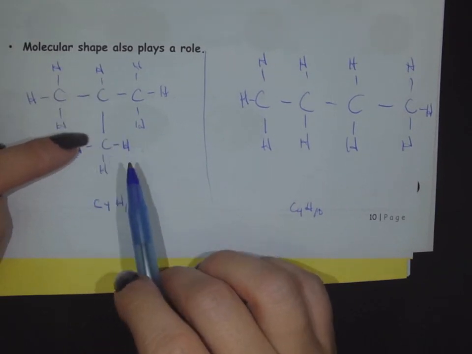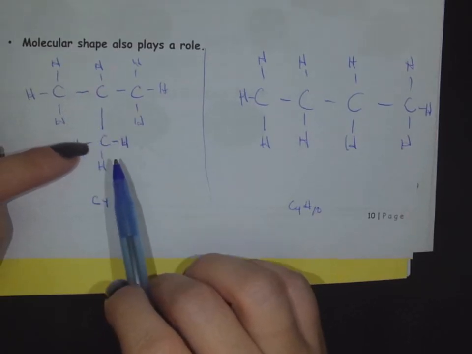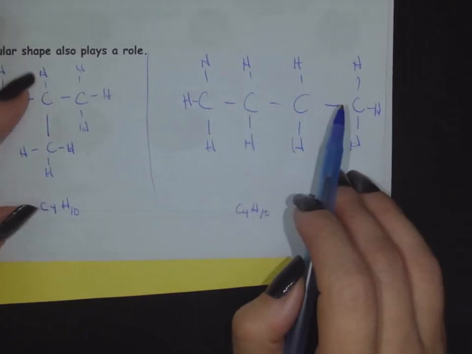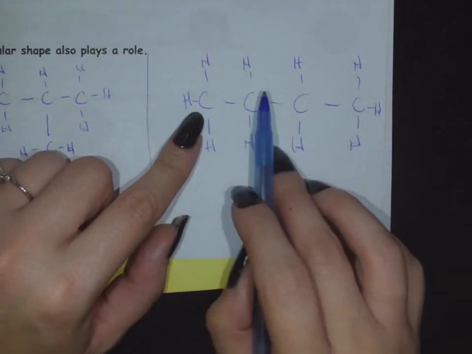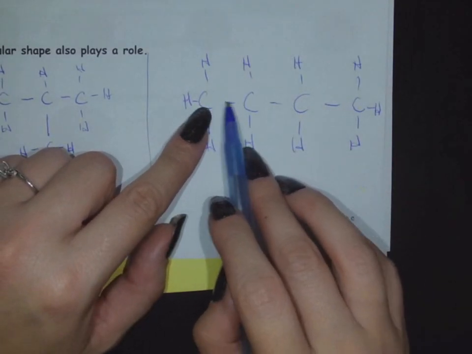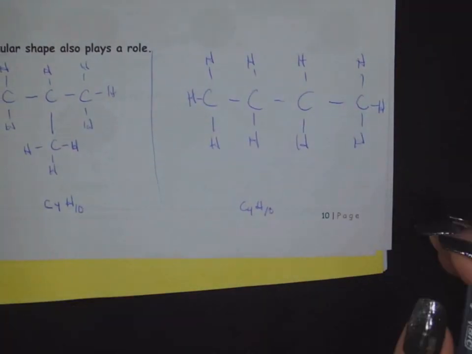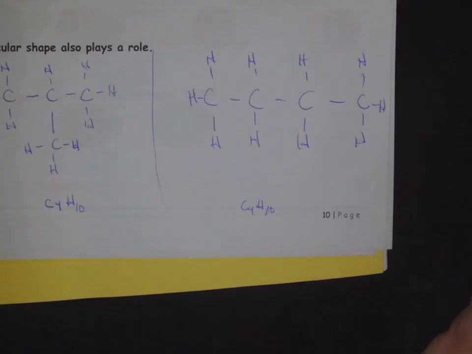So we create a dipole, but it's not nearly as strong as if we create a dipole over here. Because imagine we get all the electrons way over here, and so they're really far away from the other end of the molecule, and that's a larger dipole. That's a more uneven distribution of those electrons.